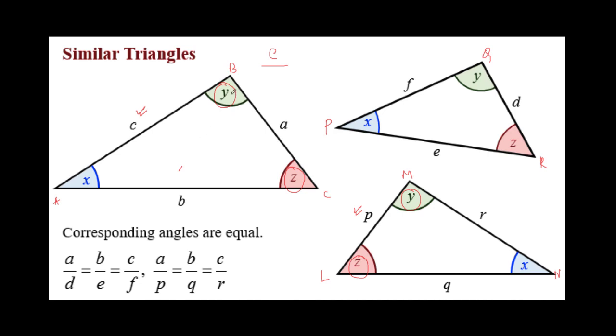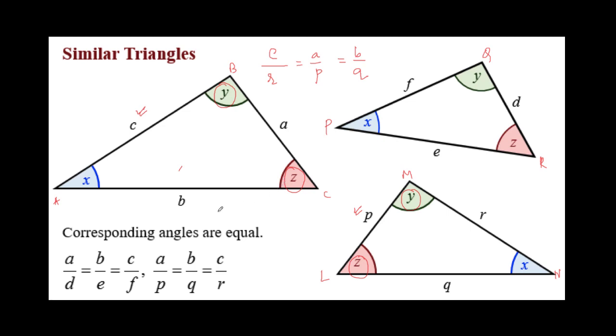Over here, angles Y and X include side R. So this would be C over R. The Y and Z side is A, and the Y and Z side here is P, so A over P. And the last one, X and Z is Q, so that is B over Q.